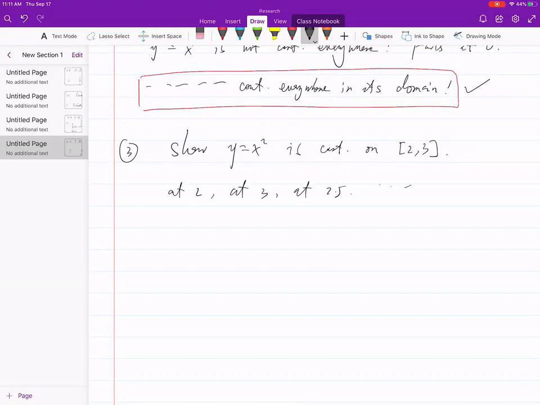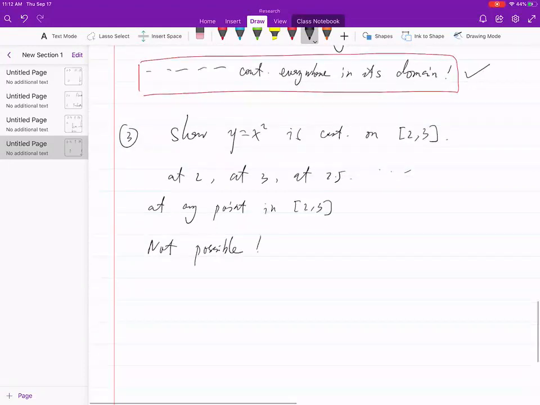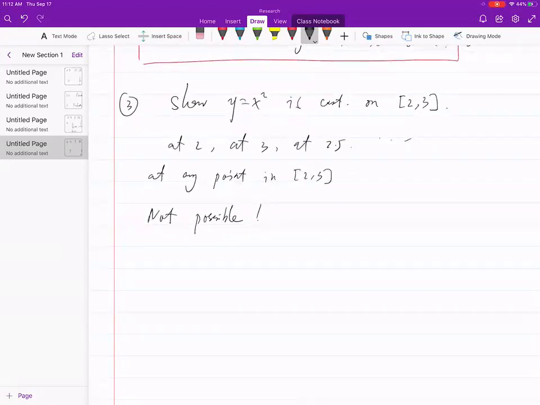But if you want to show it at any point in (2, 3), how many points are there? Infinitely many. Therefore, this is not possible. I can do them one by one, but I could never finish. Sounds good? Okay, that's where we left.